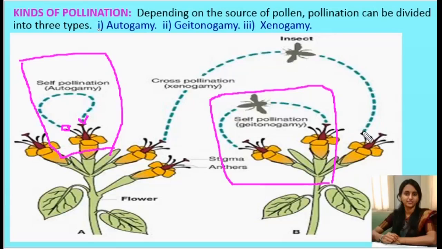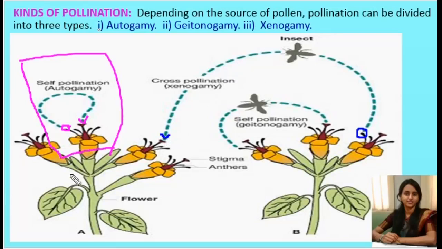Okay, so you look at this here, this is one flower, this is anther, that is, pollen grains come from this anther and are transferred to the stigma of another flower which is present on another plant. Okay, so cross-pollination, that is xenogamy, is both genetically and functionally a cross-pollination. Later we will discuss in detail all these three types. Now let us discuss in detail autogamy.